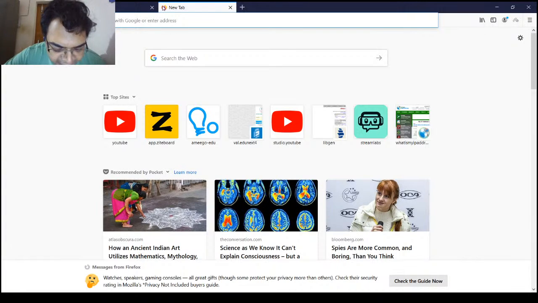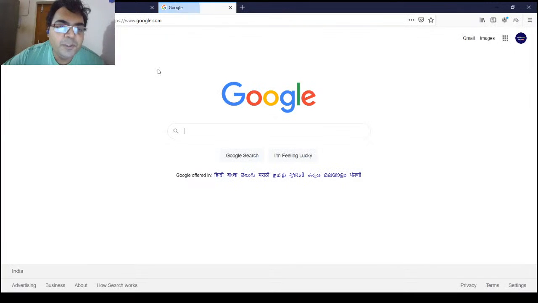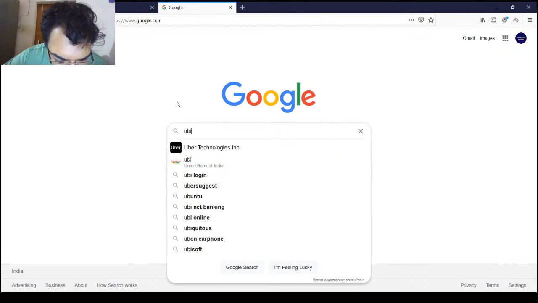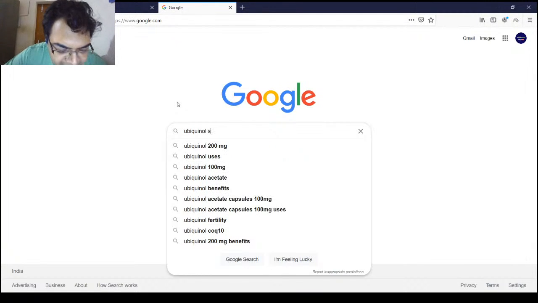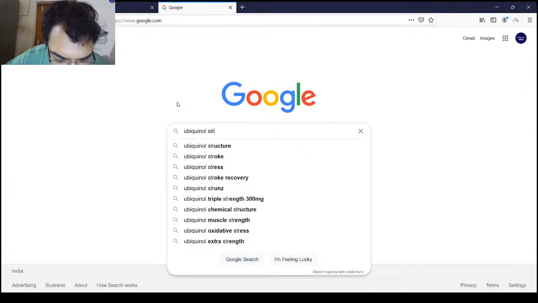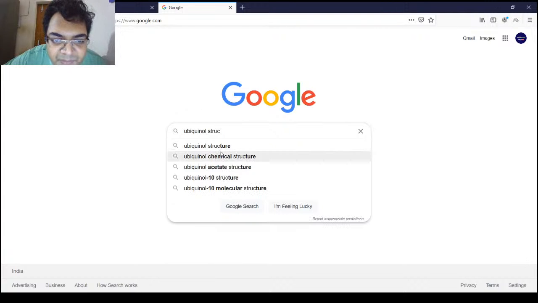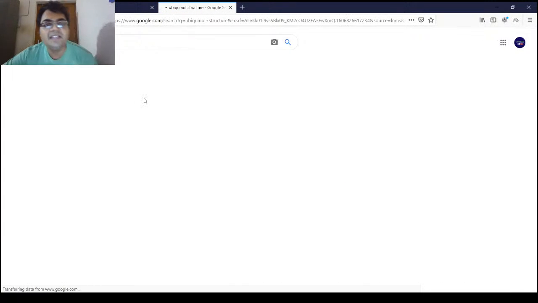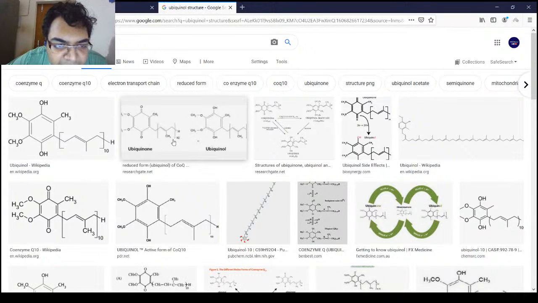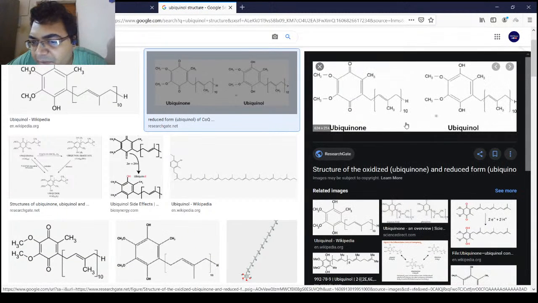I'll just show you the structure of ubiquinone or ubiquinol, the reduced form. You can see 200 mg, 300 mg supplements are available. Here you can see the structure of ubiquinol and ubiquinone both. This is the structure of ubiquinone, this is the structure of ubiquinol.